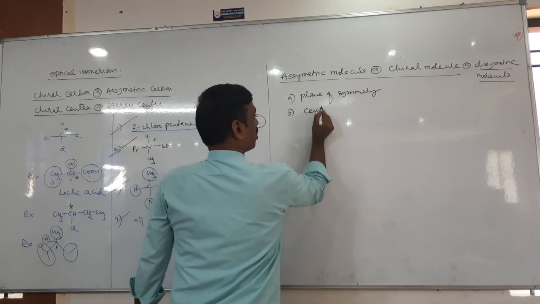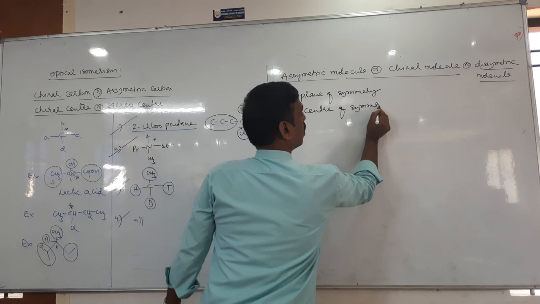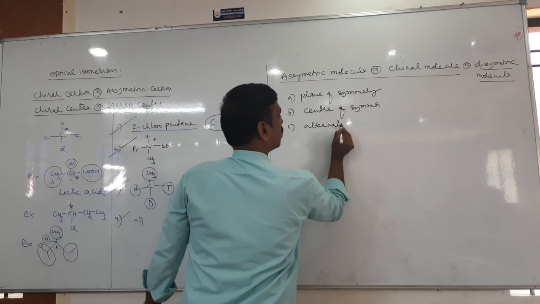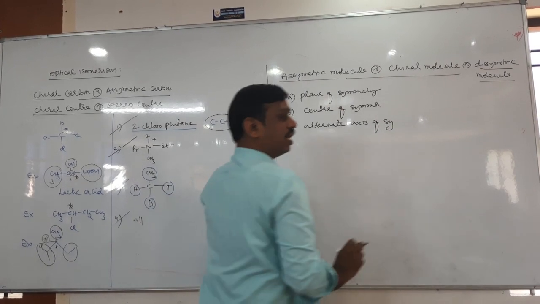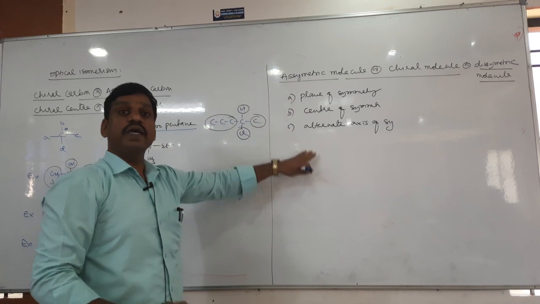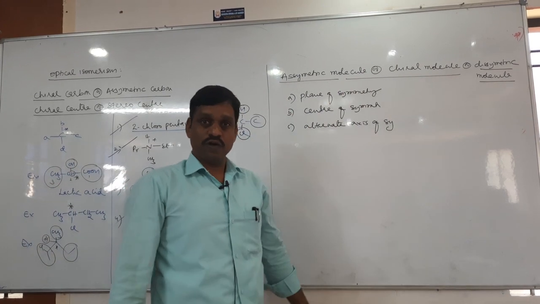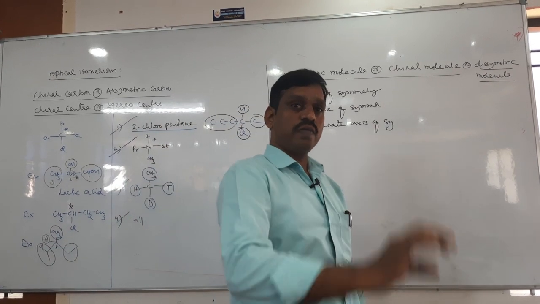Center of symmetry. And 3. Alternate axis of symmetry. If any molecule does not have these 3 elements of symmetry, that molecule is called an asymmetric molecule or chiral molecule. Then what is the importance of this asymmetric molecule, chiral molecule?